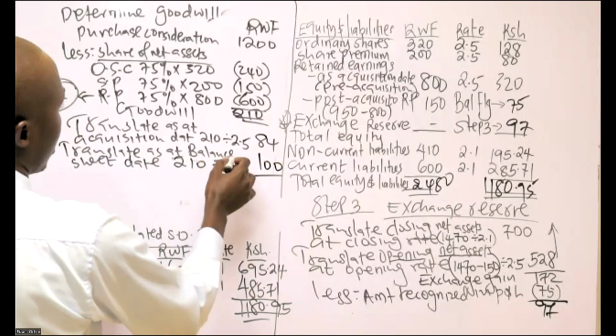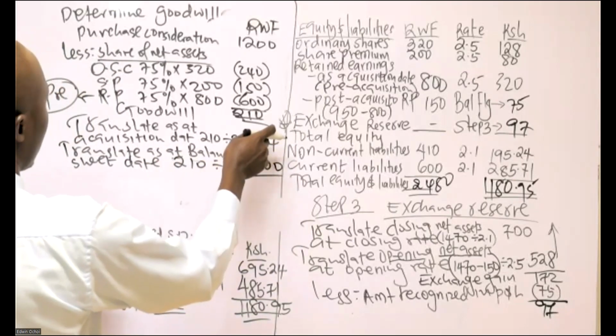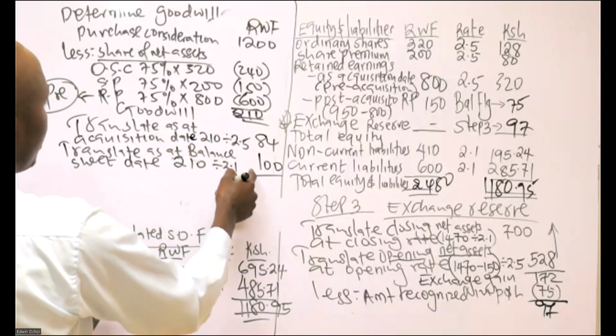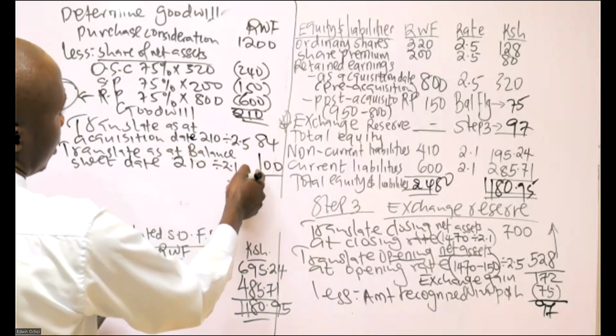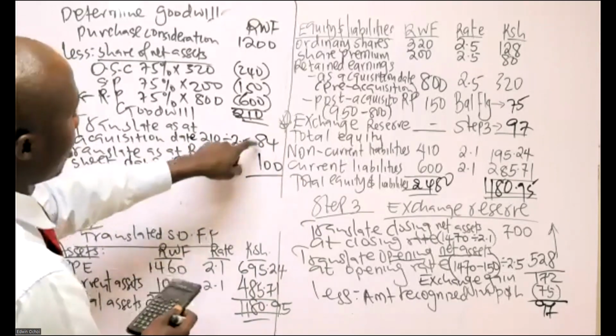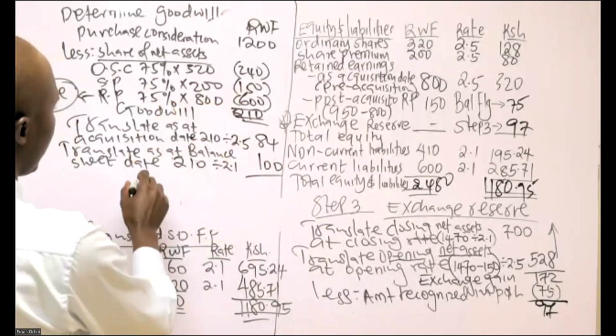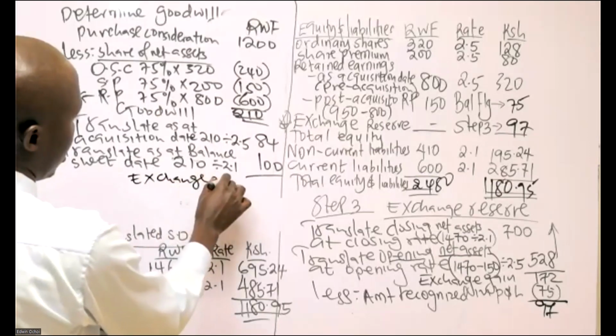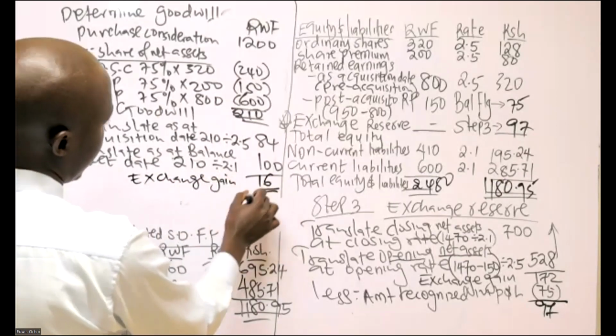This is the closing, and the other is the date of acquisition. So the closing is higher than at the time of acquisition, meaning there's an exchange gain of 16.